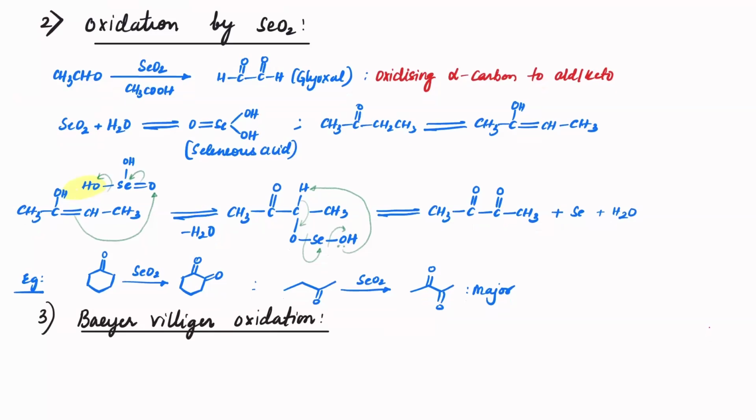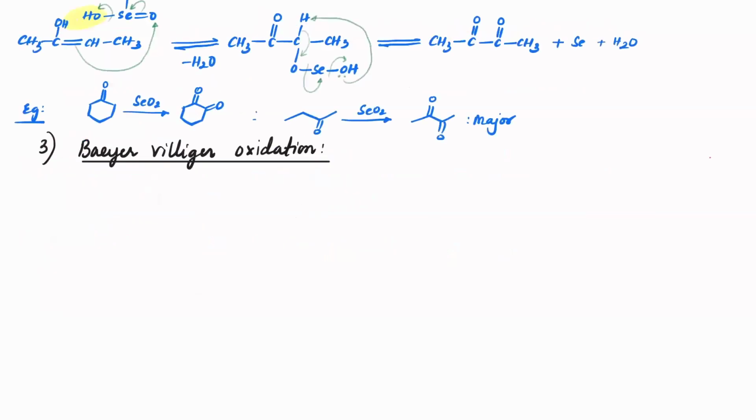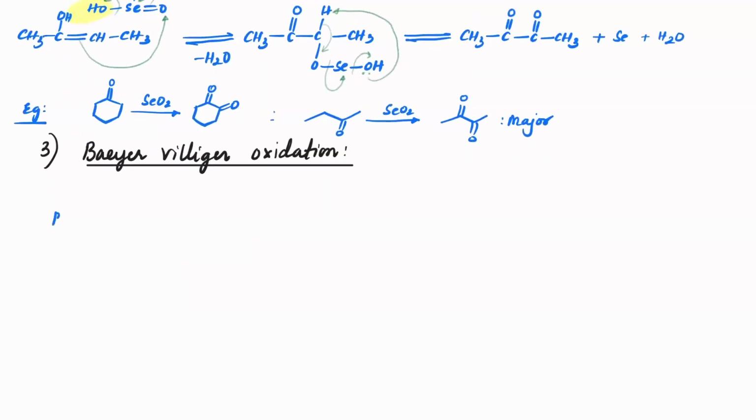Next, the third reagent for oxidation is Baeyer-Villiger oxidation. Baeyer-Villiger oxidation is specifically for ketones. In case you have any ketone like PhC double bond O CH3, and this ketone is subjected to peroxy acids, something like CF3 C double bond O OOH, and this is an isotopic oxygen, in that case we will get PhO C double bond O CH3.